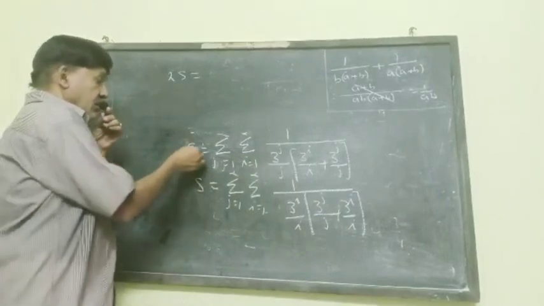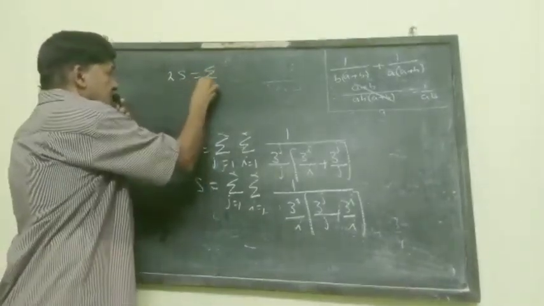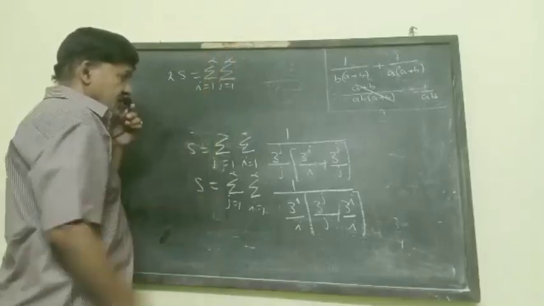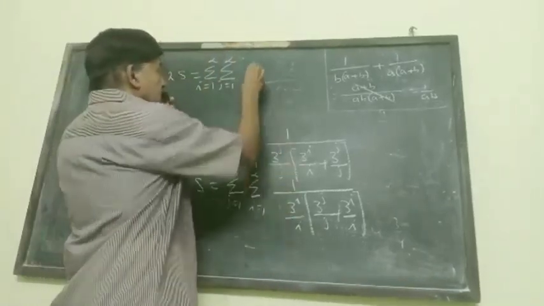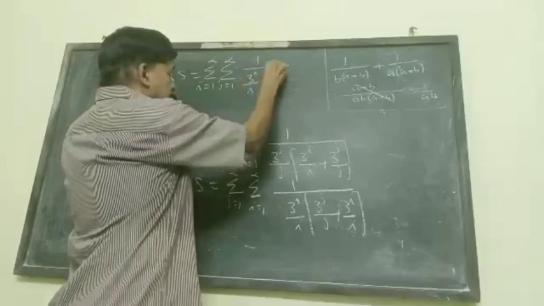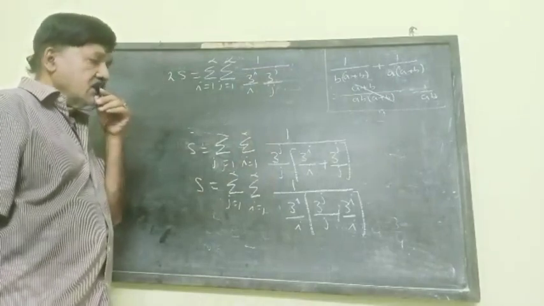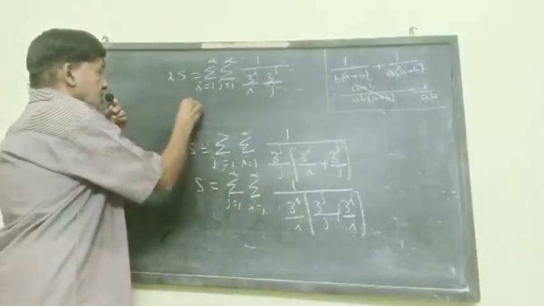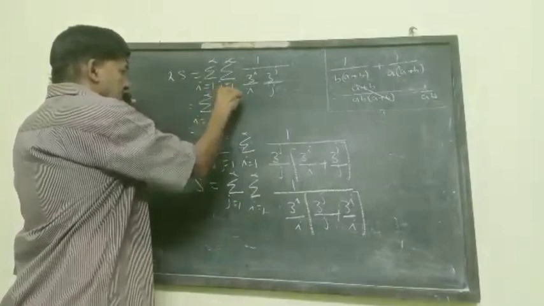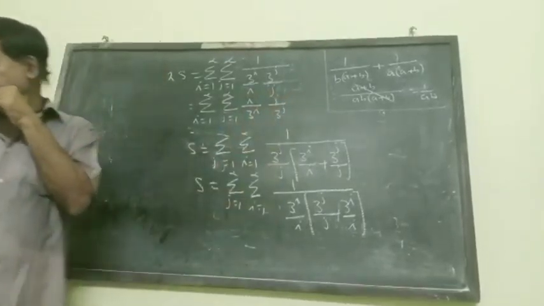So when you add these two things, what are you going to get? Sigma i equals 1 to infinity. i and j interchangeable, makes no difference. So this plus this will give you 1 by ab. ab means 3 power i by i, 3 power j by j. Correct? 1 by ab is nothing but 3 power i by i, 3 power j by j. This is as good as sigma i equals 1 to infinity, sigma j equals 1 to infinity, i by 3 power i, j by 3 power j. Correct?